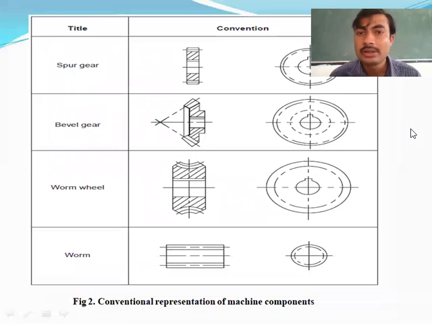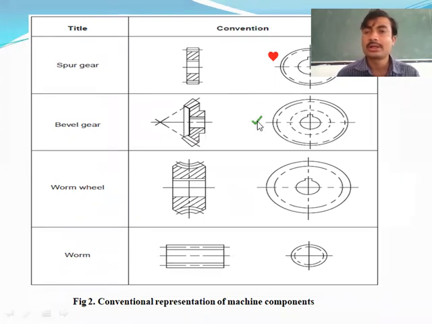The next part is about the gears: spur gear, bevel gear, worm wheel, and worm. This is known as a convention. Spur gear I'm going to denote by the heart symbol. So this is our spur gear convention. I'm going to denote the bevel gear convention by the right symbol.